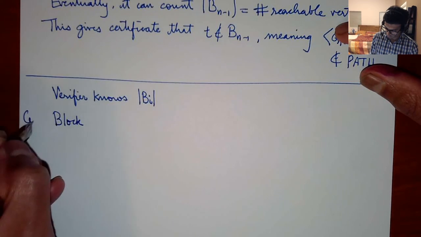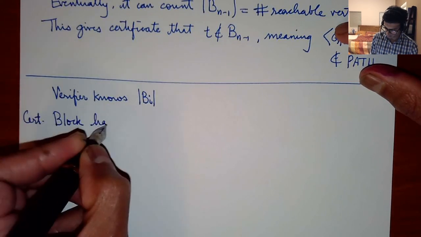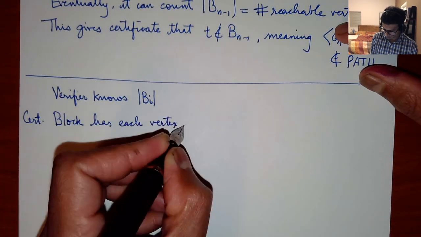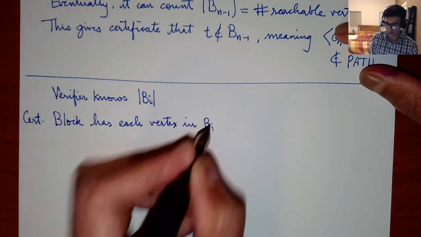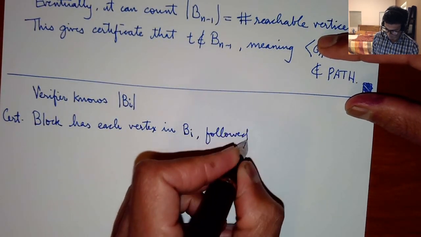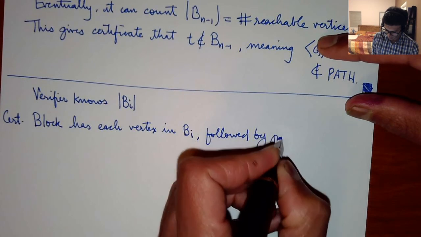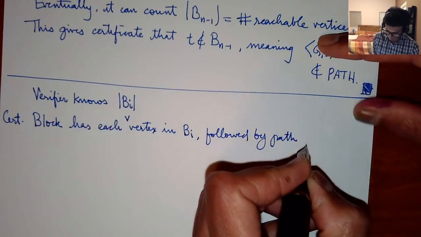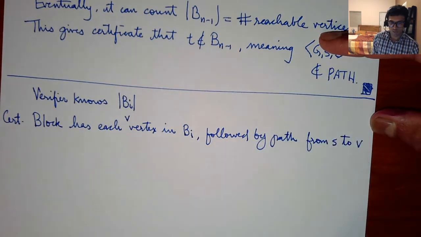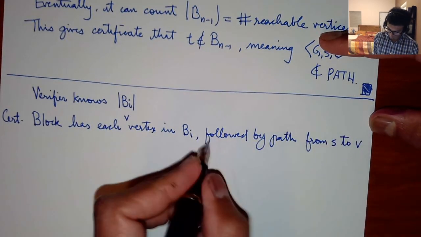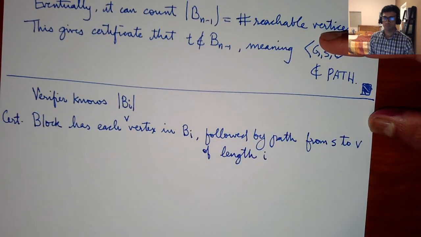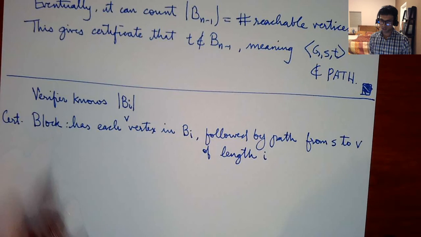A certificate block has each vertex in BI followed by a path from S to V of length I. This is what a certificate block is.